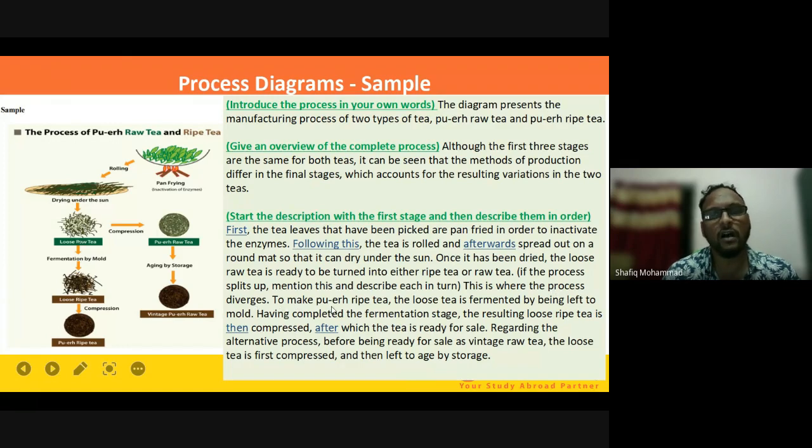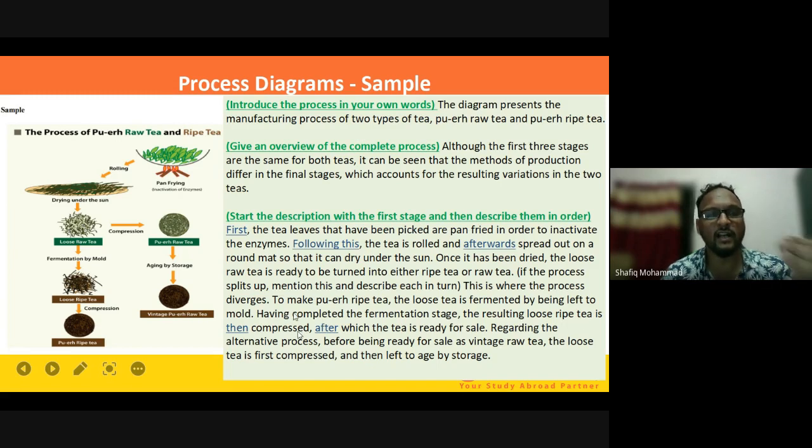To make ripe tea, the loose tea is fermented by being left to mold. Obviously, here it is left to mold, isn't it? And for the ripe tea, what they're doing is, having completed the fermentation stage, the resulting loose ripe tea is then compressed.